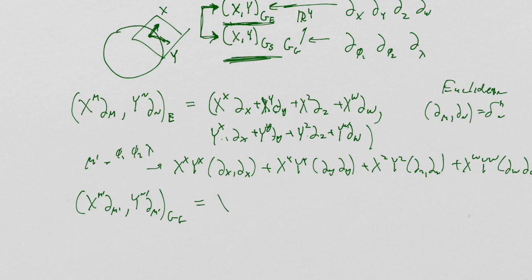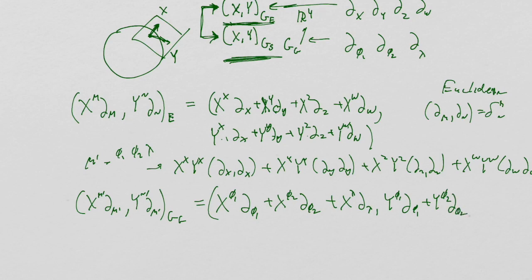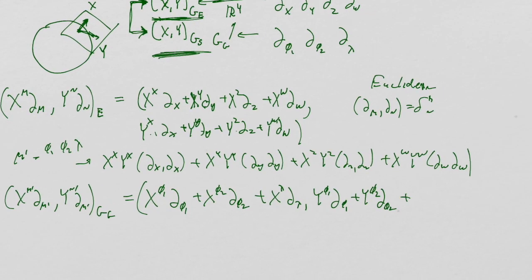It's going to be x phi 1 partial phi 1 plus x phi 2 partial phi 2 plus x lambda partial lambda, and then y phi 1 partial phi 1 plus y phi 2 partial phi 2 plus y lambda partial lambda.